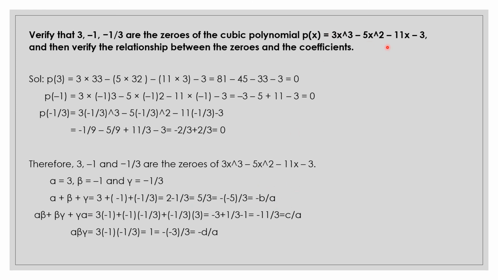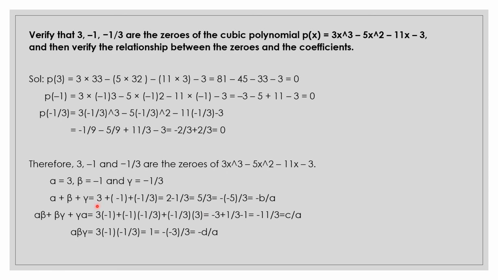Here our b is minus 5 and our a is 3. On substituting values for alpha plus beta plus gamma we get 5 by 3, and on substituting values for minus b by a we get minus of minus 5 by 3, which gives us 5 by 3. So now LHS equals RHS, hence we have verified our first relation.